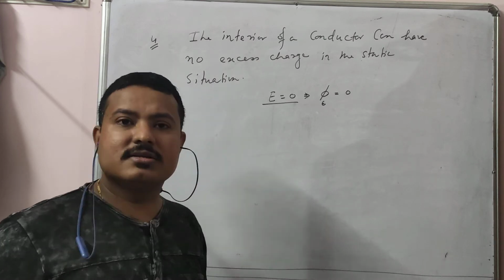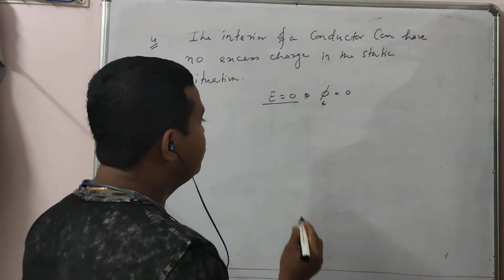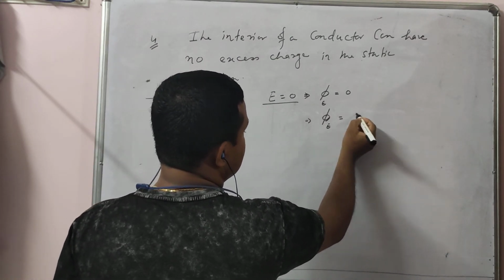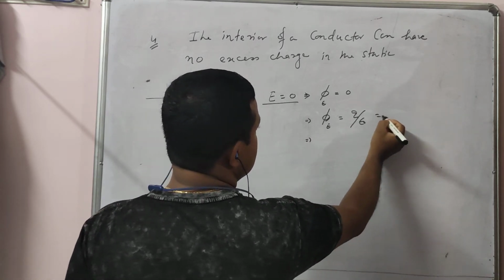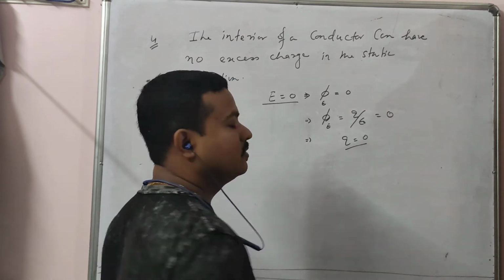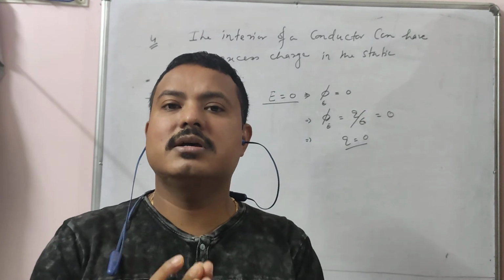As the electric field is 0, the electric flux is also 0. Now if we apply Gauss theorem, the electric flux is given by Q by epsilon naught. Now since the flux is 0, you can say that the charge inside is 0. So there must not be any excess charge inside a conductor.